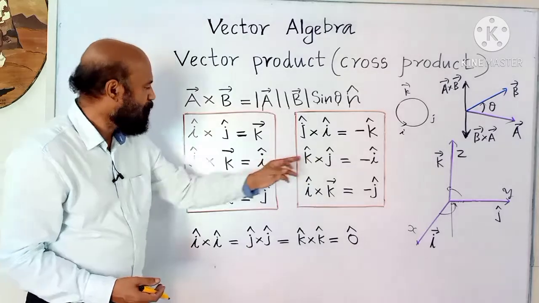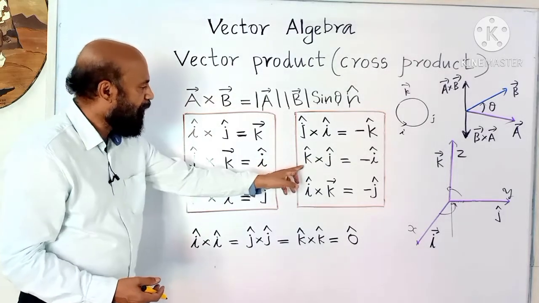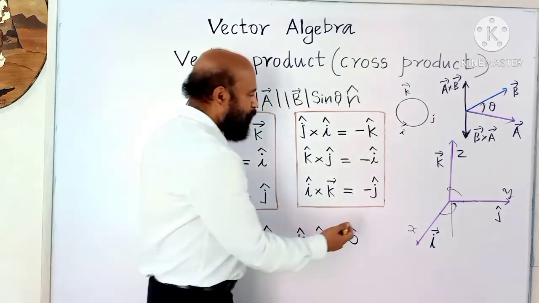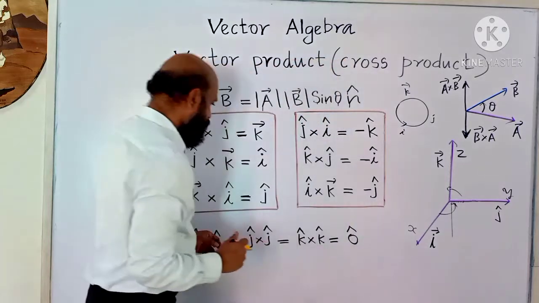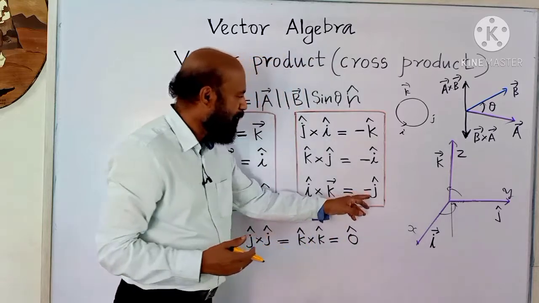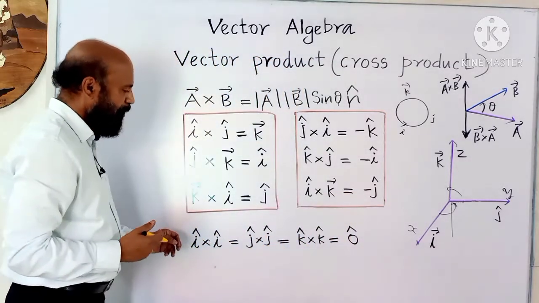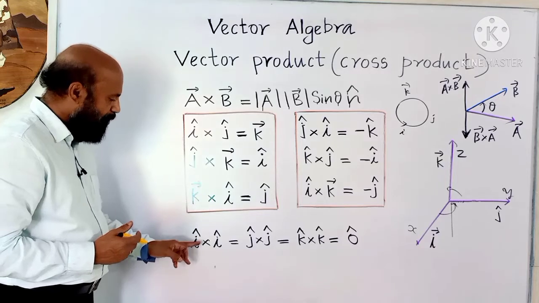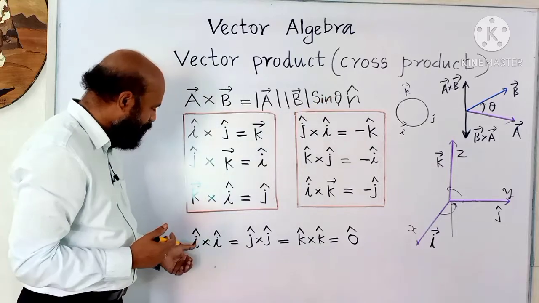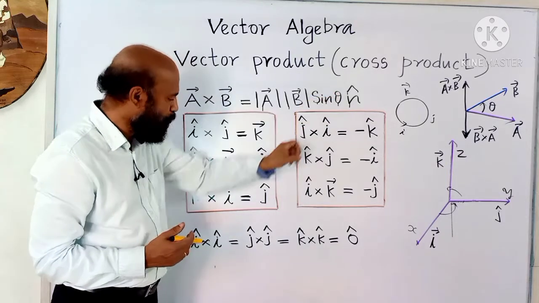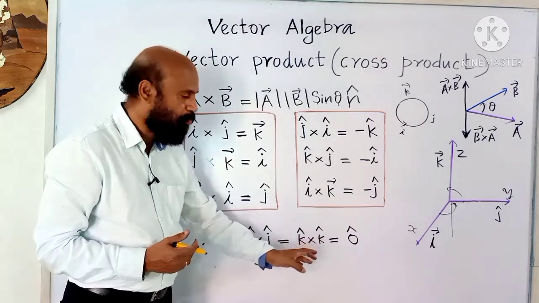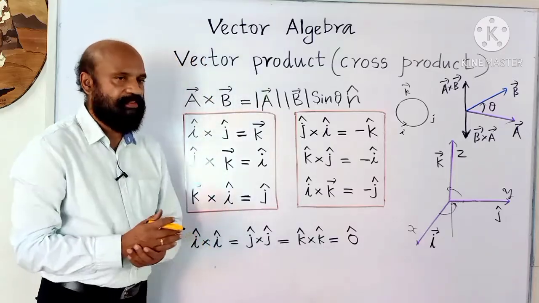If you reverse the order, the sign will change. k cross j is minus i. k cross i is j, but i cross k will be in the opposite direction, so minus j. If you take i cross i, the angle between these vectors is 0, so sine 0 is 0. Similarly, j cross j and k cross k are all equal to the null vector.